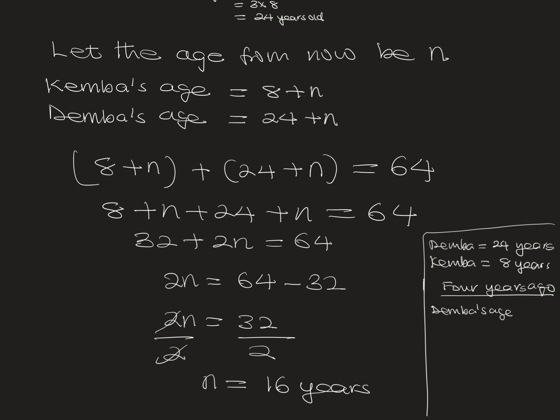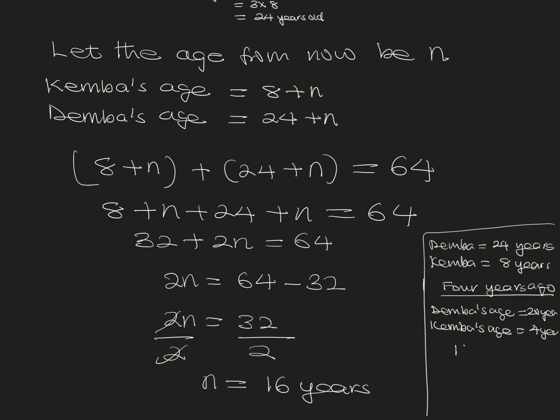Demba's age would be 20, right? 20 years. So what about Kemba's age? Kemba's age would be 4 years. So 20 divided by 4 is 5. So which means 4 years ago, Demba was 5 times older than Kemba. So it means that we got it correct, right?